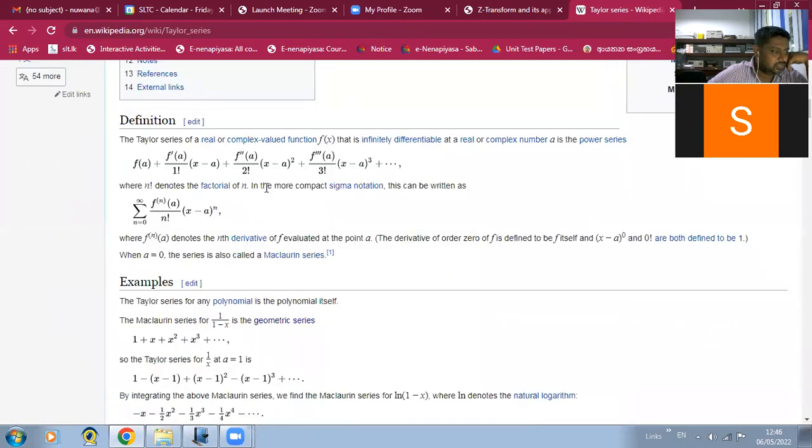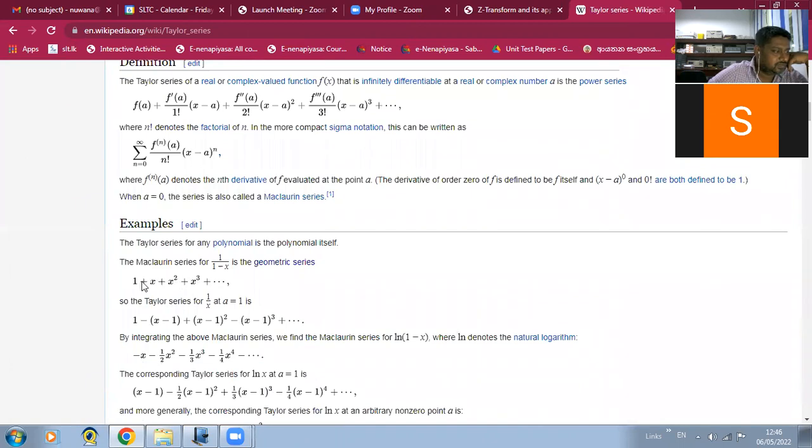Okay, so you can get, I think this one. No, this one is the related power series.